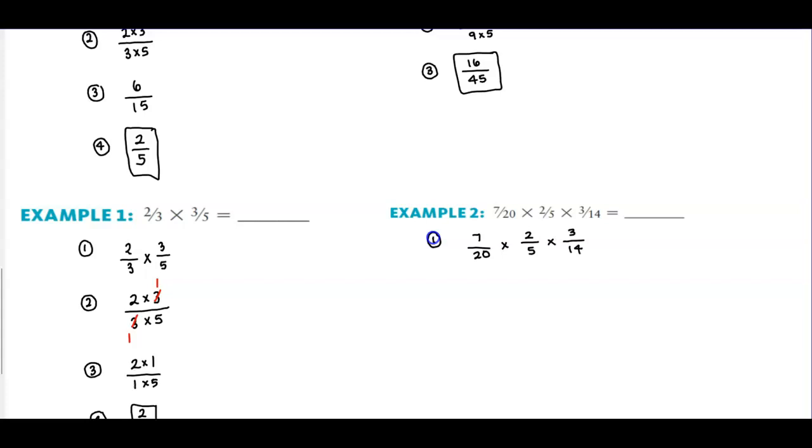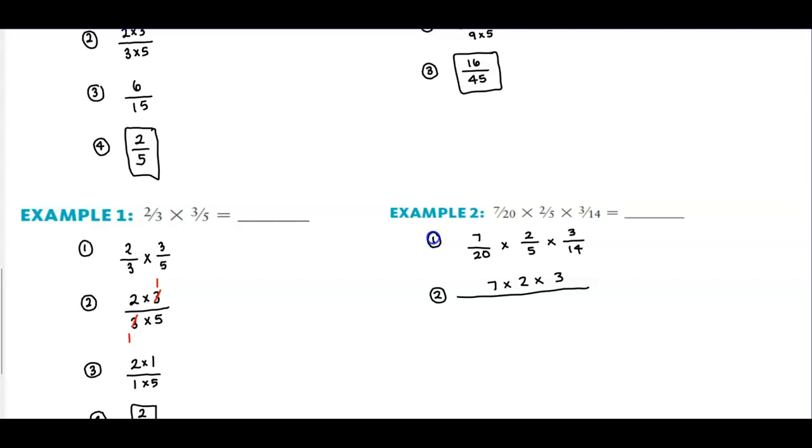Okay, now we can simplify from here. My recommendation is to write this as multiplication in the numerator and multiplication in the denominator. So what I mean by that is we have 7 times 2 times 3. All of those numbers are prime, so we're going to leave that as it is.